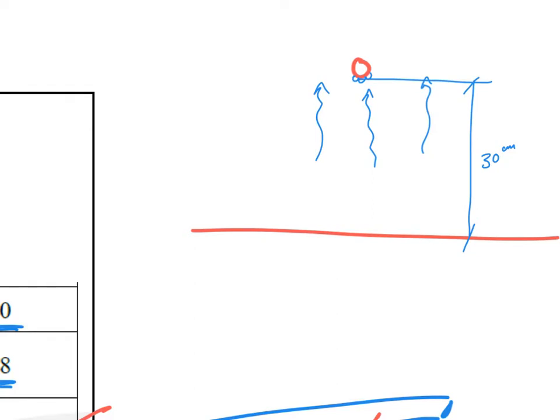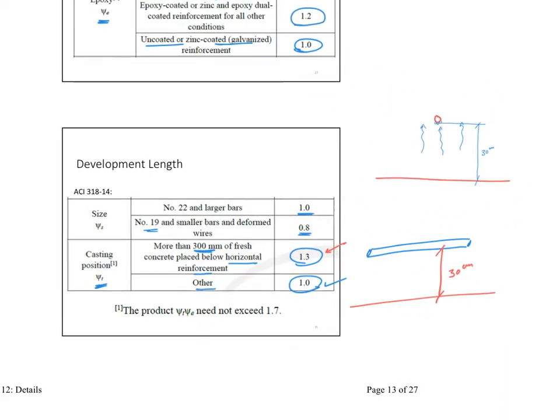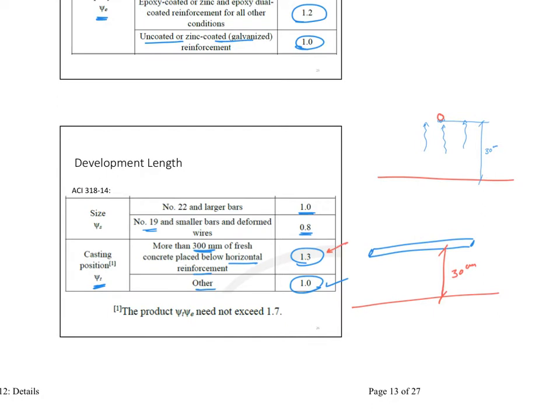So for a horizontal bar, which basically comes in maybe a raft or a slab or a beam, if that bar has more than 30 centimeters concrete underneath, automatically my LD gets increased by using the factor of psi T being 1.3. Simple. Now if it's a vertical bar, that does not apply.